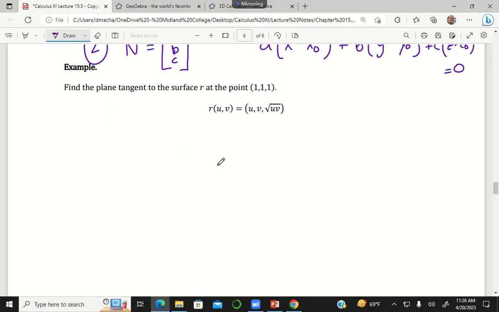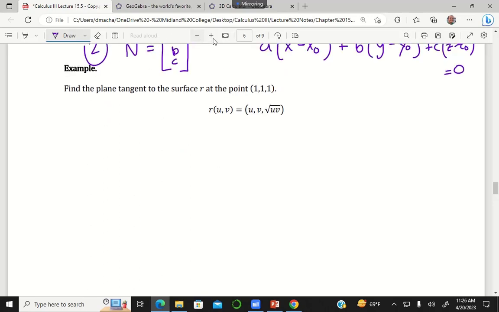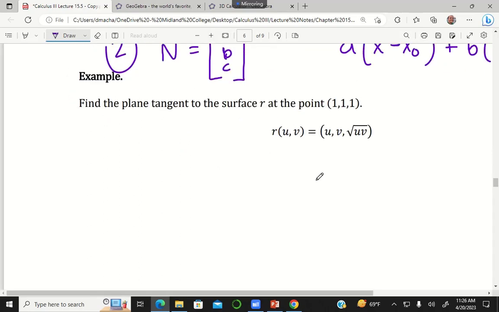This is a really boring example, but I didn't have time to come up with a better one. I say it's really boring because this is supposed to be a parametric surface where x is a function of u and v, and y is a function of u and v, and z is a function of u and v, right?